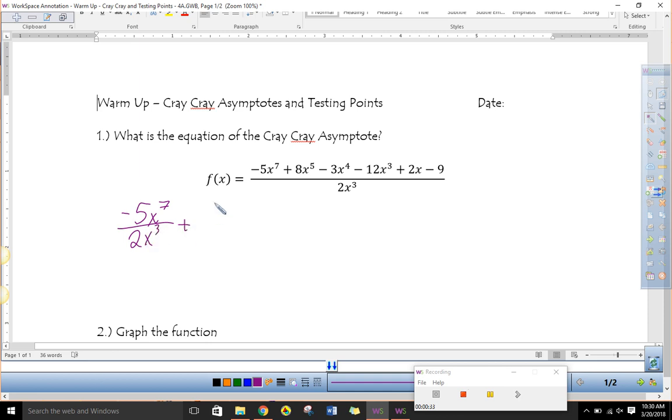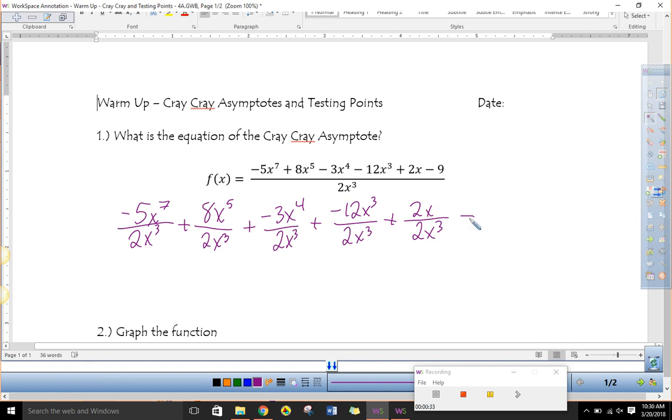You remember doing that? Yeah? Okay. 3x to the fourth, 2x to the third, plus negative 12x to the third over 2x to the third. Can I knock any of these out?